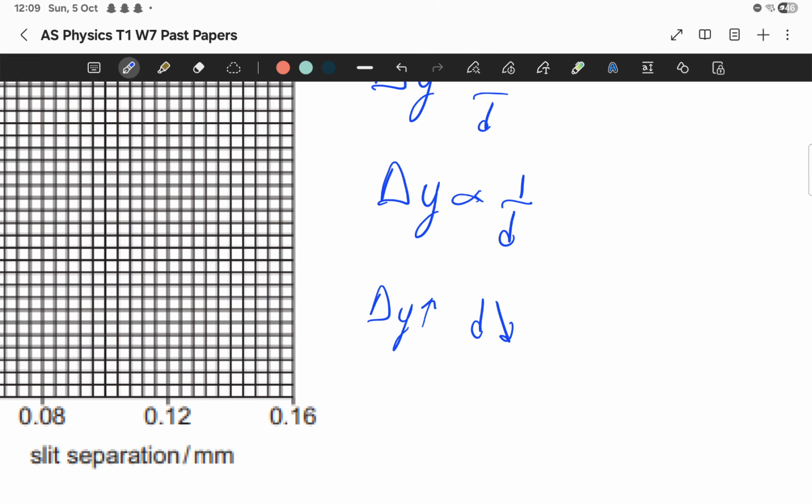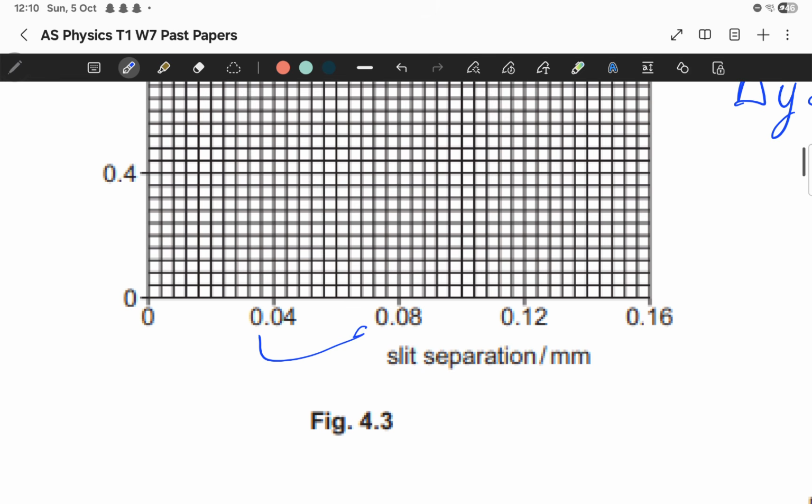Now that we have this established, I can say, for example, if delta y is going to double, then d will get halved. And if you look here, these are all multiples of 0.04. So this is double, this is triple, and this is quadruple, right?